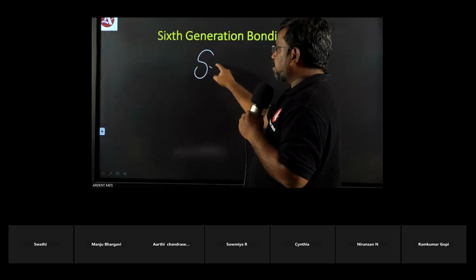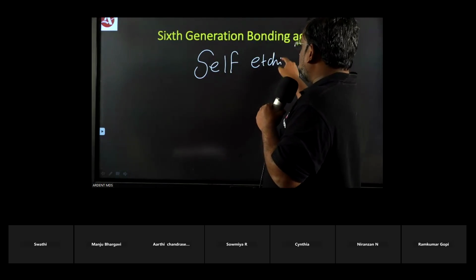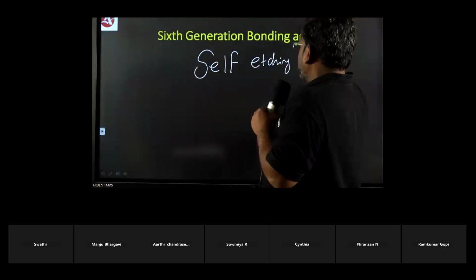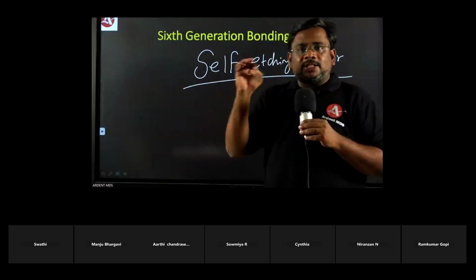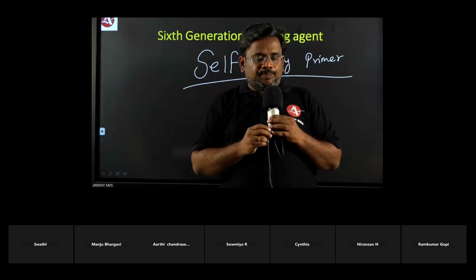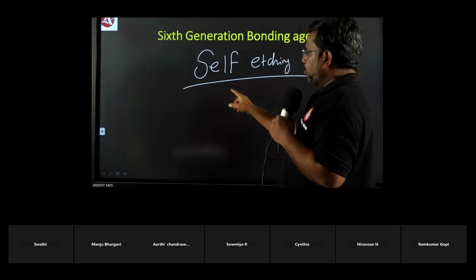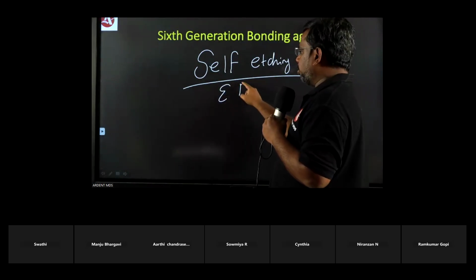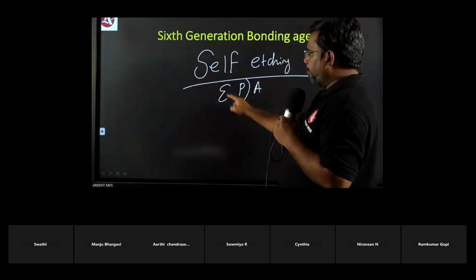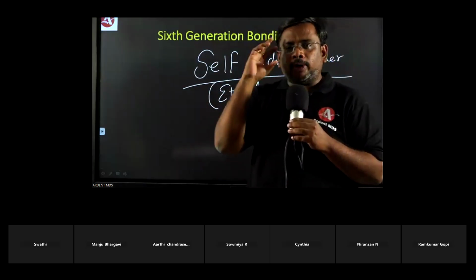Remember students, this is very, very important: the concept of the sixth generation is called the self-etching primer. It is often asked in exams. Self-etching primer is what? You have a three-step process: etchant, primer, adhesive. Here in the sixth generation, etchant and primer are together in a single bottle.